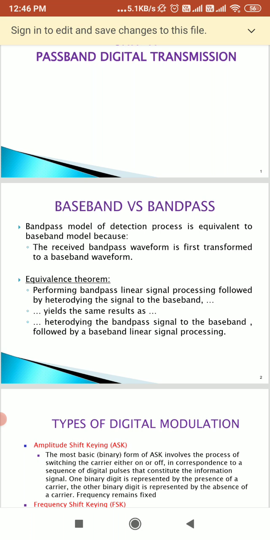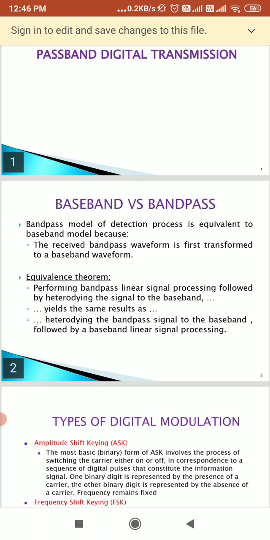So in baseband pulse transmission, a data stream represented in the form of discrete pulse amplitude, we can take as a PAM. It means pulse amplitude modulation.